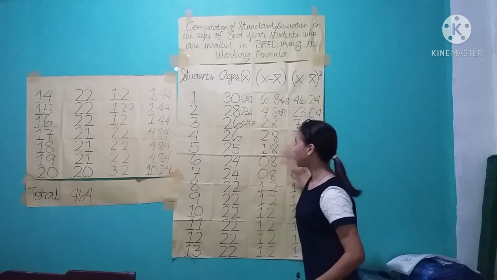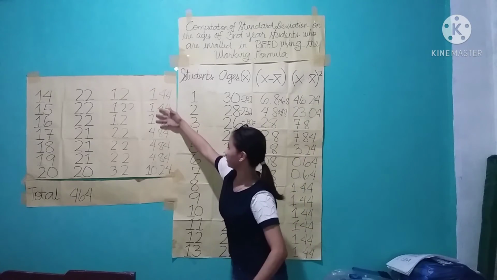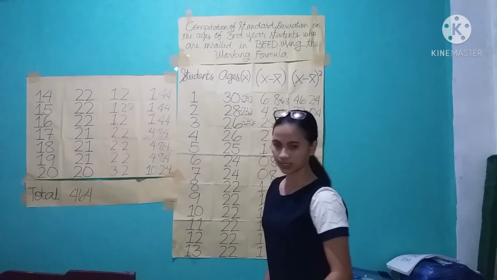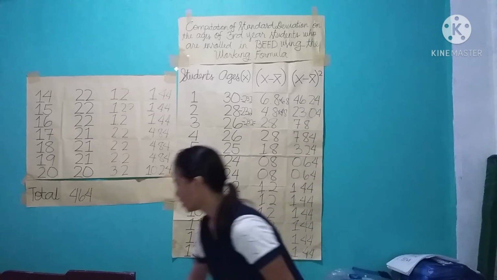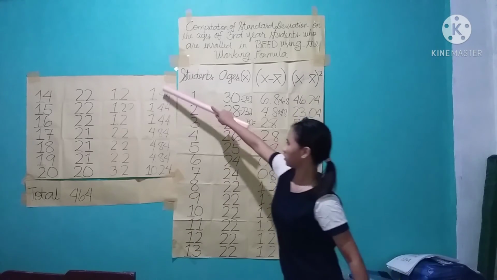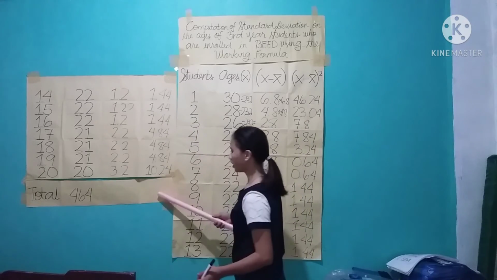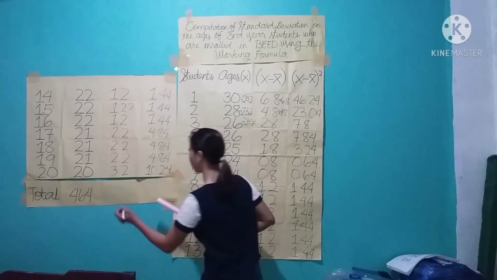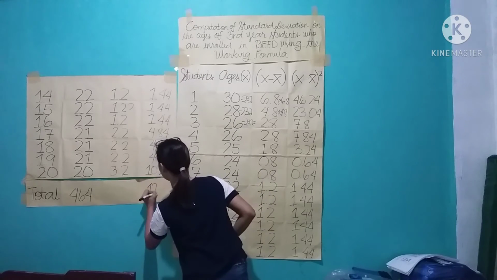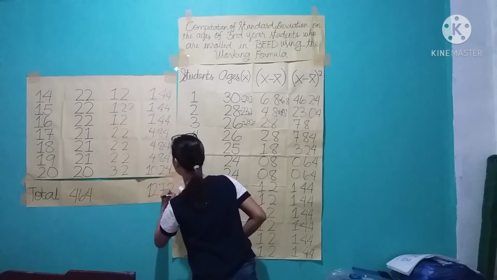So these are all the totals. Lastly, add it all. The total is 127.2.